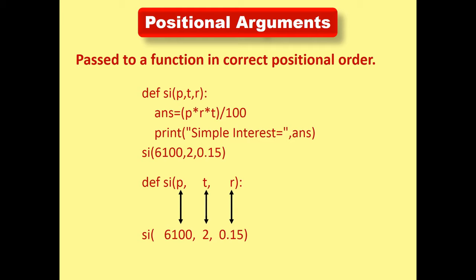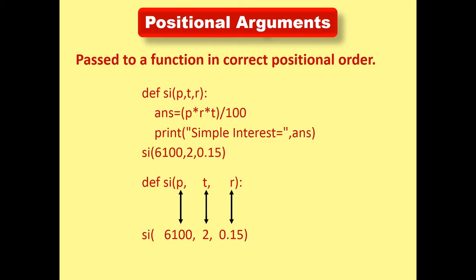One is P, second is T, and third one is R. When we call that particular function, that is SI, the function call is SI within brackets 6100 comma 2 comma 0.15.